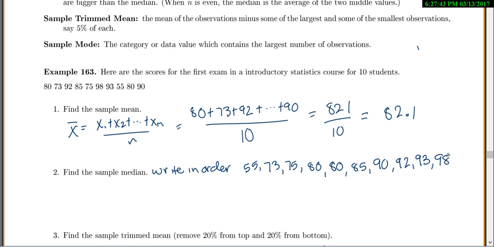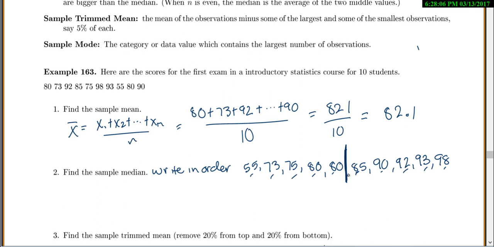So now for the median, we want to find the middle number. I usually tick them off from each side. So 1, 1, 2, 2, 3, 3, 4, 4, 5, 5. Wait. I must have done that wrong. 1, 2, 3, 4. Oh, there's 5. So there's 10. There should be 5 on each side.